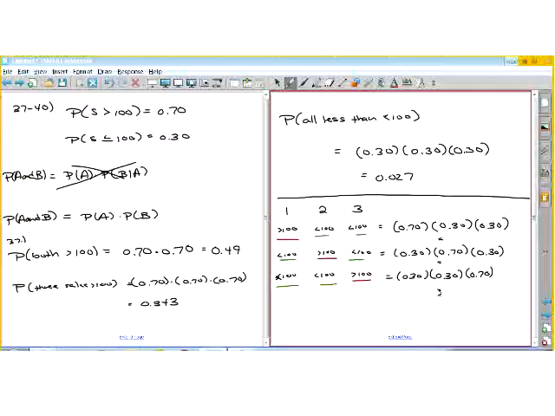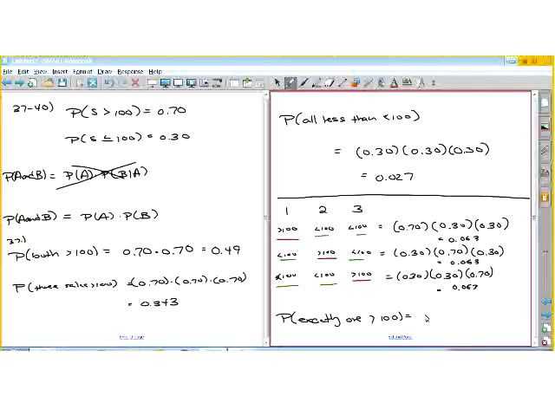So we get 0.7 times 0.3 times 0.3, and you get 0.063 for each one of these. 0.063, 0.063.